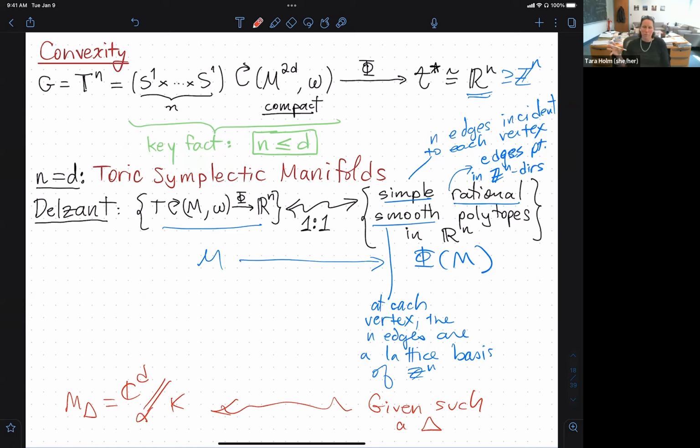The alpha is determined by those alpha i's that I wrote down quite a while ago, defining the polytope as an intersection of half spaces. I won't go into the details, but you construct such an example by symplectic reduction.